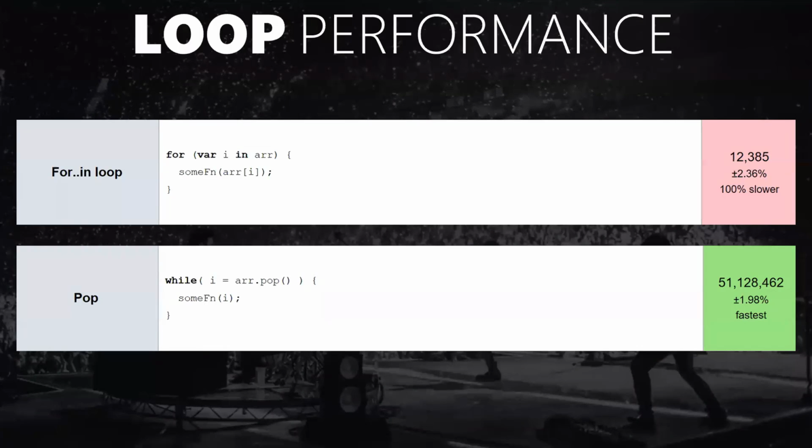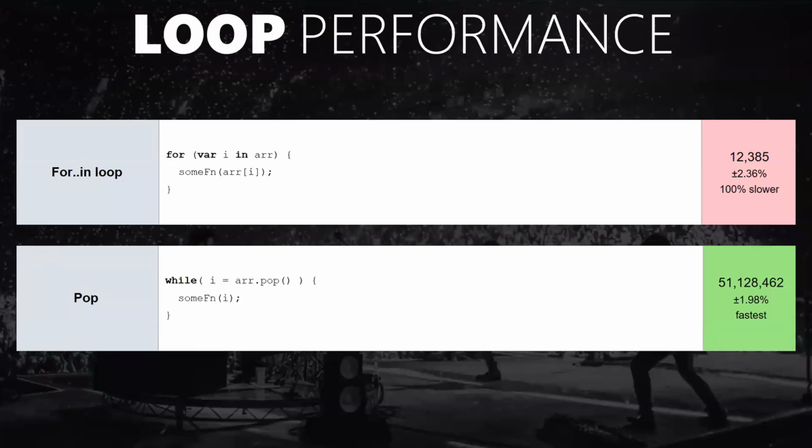So we can see that a for in loop, which iterates through the object and uses object references, is many, many times slower than using a while loop with a low-level function for accessing an array, like pop, for example. We can see this in a test that I ran on a dual-core laptop.